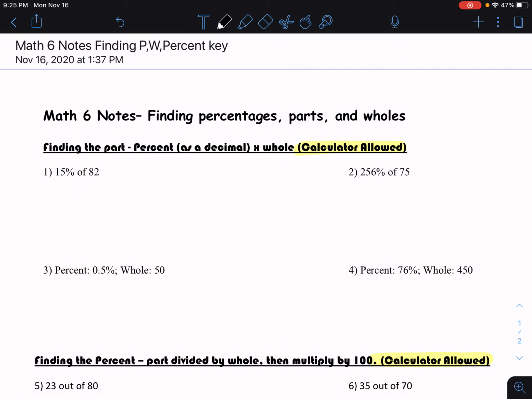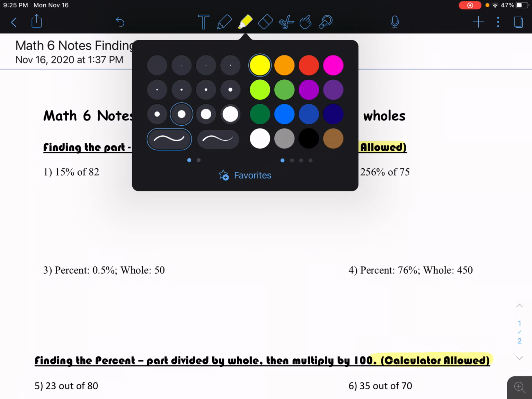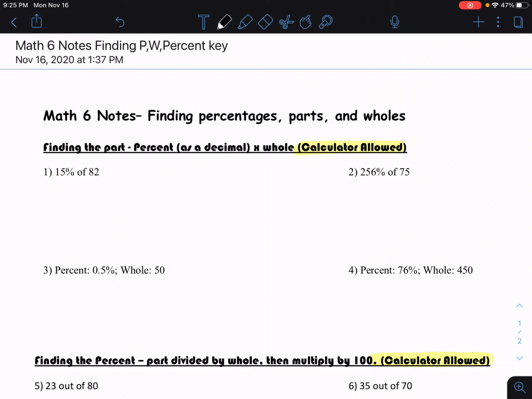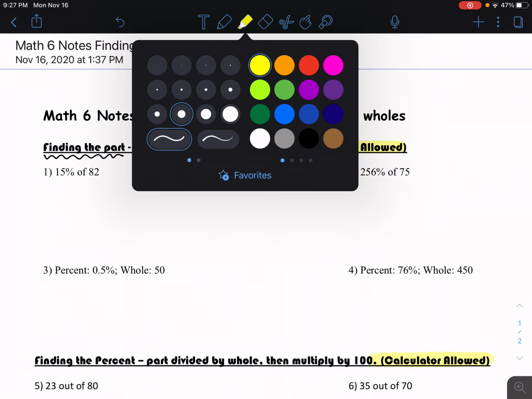When we are finding the part, okay, so this first example is called finding the part. You are finding what percentage of a number is. That's the part. To find the part, you are going to find the percent as a decimal.